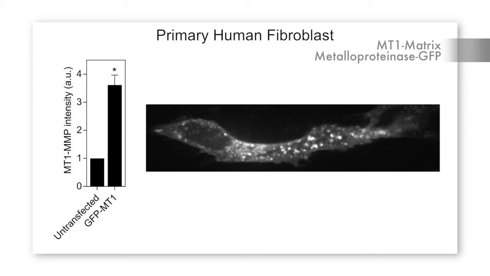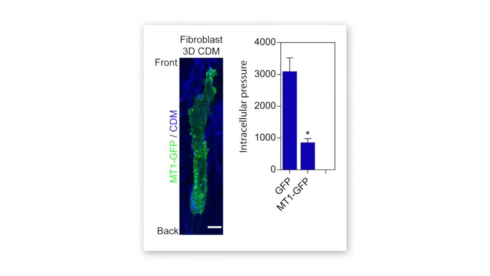Petrie and colleagues wondered whether primary fibroblasts might forego the nuclear piston mechanism if their protease activity was elevated to the sort of level seen in tumor cells. We were able to transfect primary human fibroblasts with the fluorescently tagged MT1-MMP, and we found that their ability to generate pressure in the 3D cell-derived matrix had been lost.